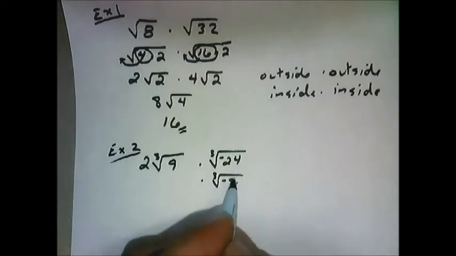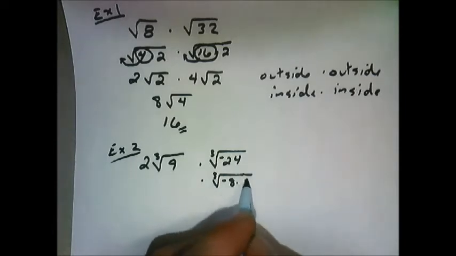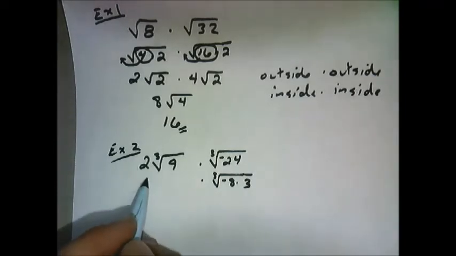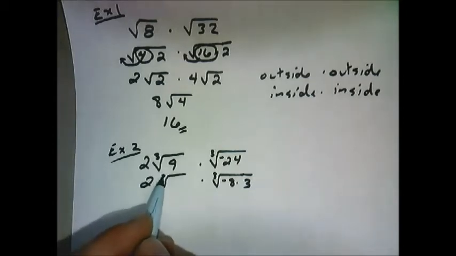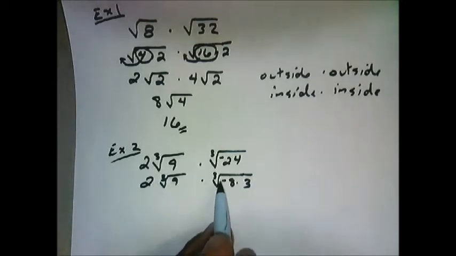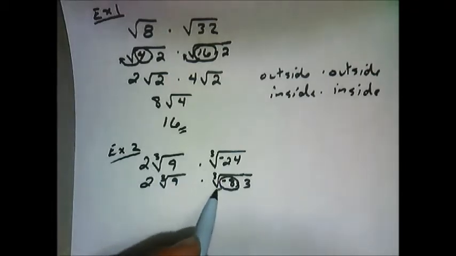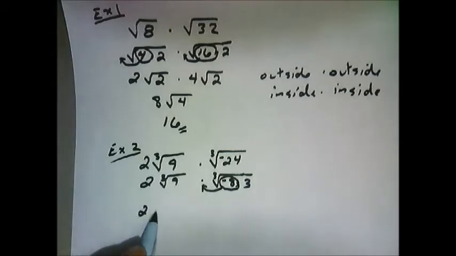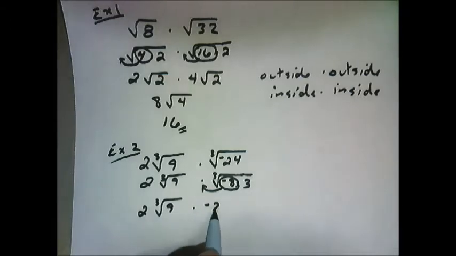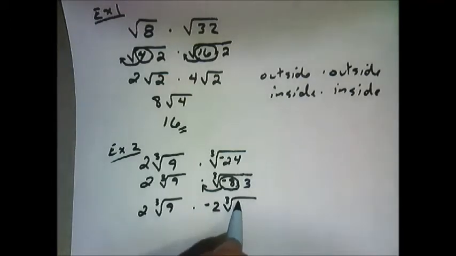Negative 8 is a perfect cube times 3. So we're going to bring down our 2 third roots of 9, and we have multiplied to that the third root of negative 8 times 3. The cube root of negative 8 is negative 2. So we have 2 third roots of 9 times negative 2 third roots of 3.